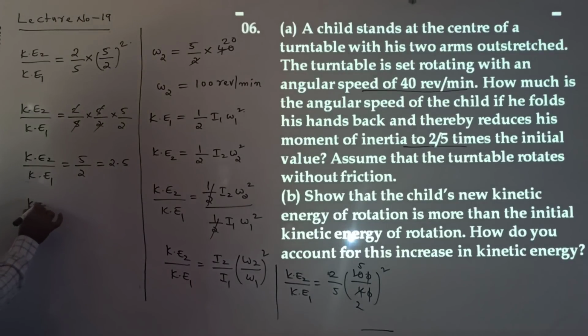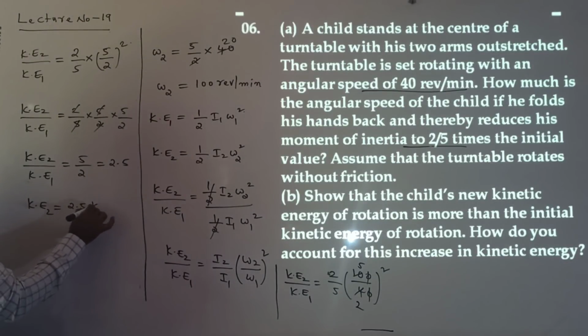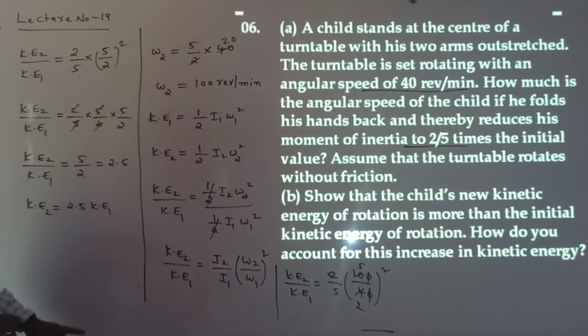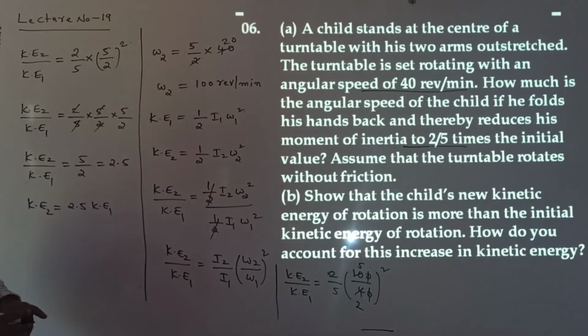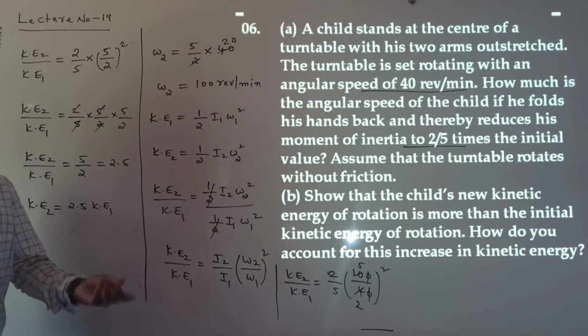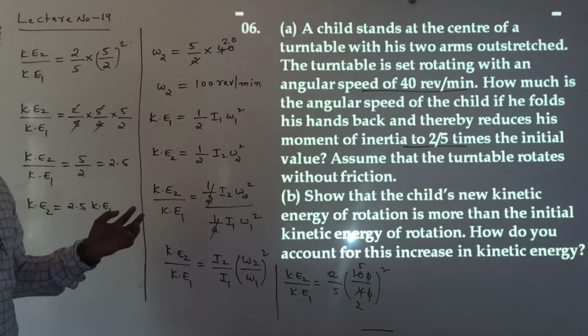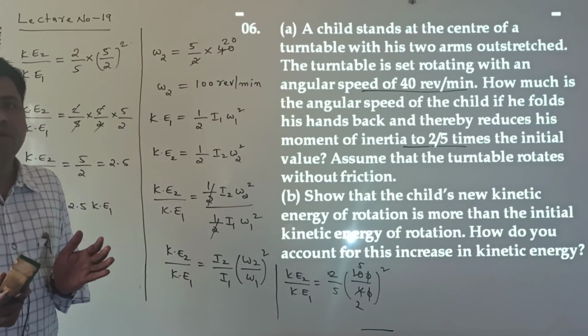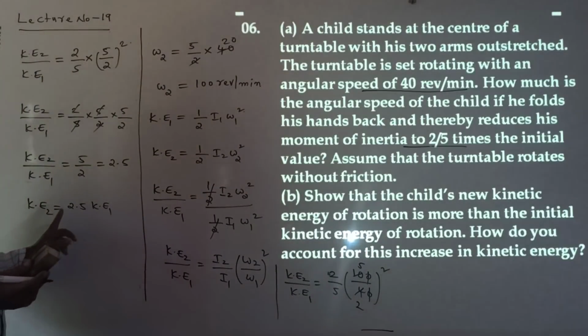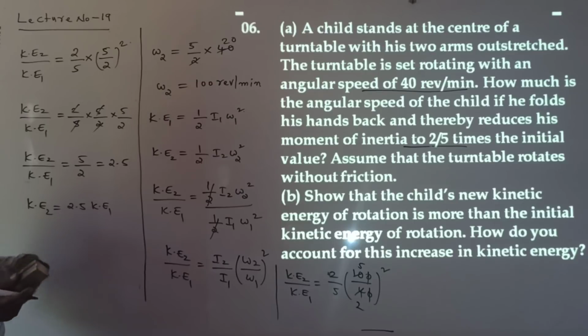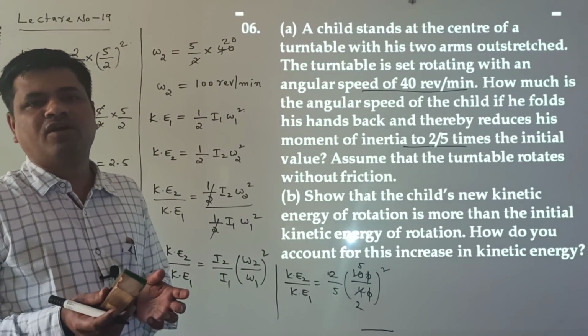Which means kinetic energy 2 is equal to 2.5 times kinetic energy 1. Kinetic energy 1 means before bringing the hands towards the body of the child, and kinetic energy 2 means after bringing the hands towards the body of the child.